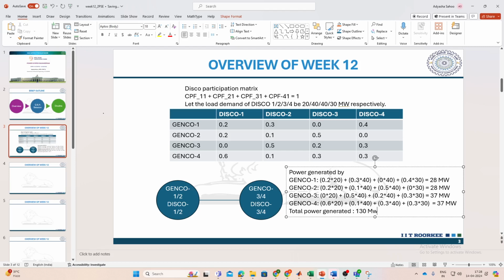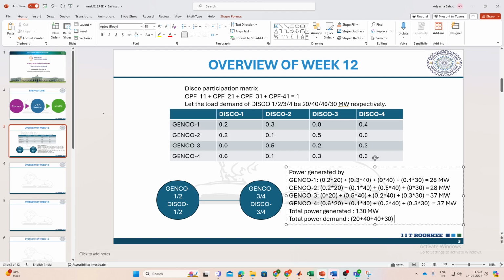megawatt. And here what was the total power demand by DISCOs? That is nothing but the sum of power demand of each DISCO, which was 20, 40, 40 and 30.